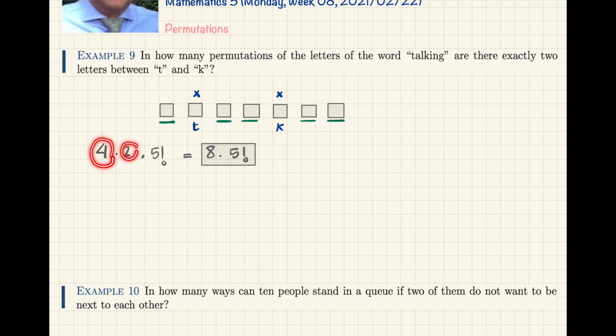And then after that, I will take my 5 left letters and arrange them in these 5 distinct positions. I can do it in 5 factorial ways. So according to the product rule, if I want to do them together so that the task is accomplished until the end, I have to multiply.